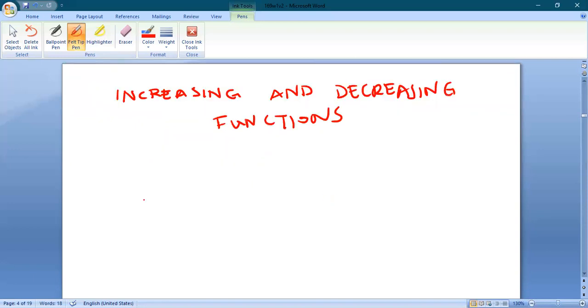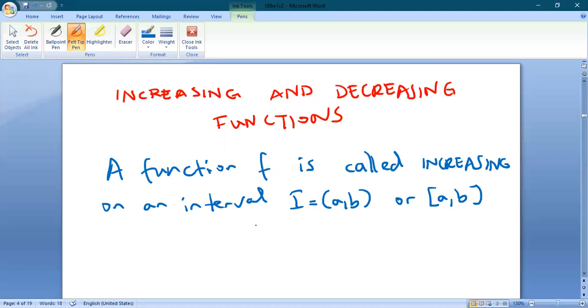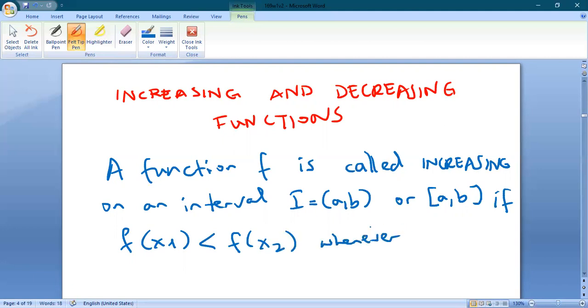Very shortly, a function f is called increasing on an interval, which can be an open interval or some other interval, doesn't matter, if the values of the function are getting bigger as we increase the inputs.